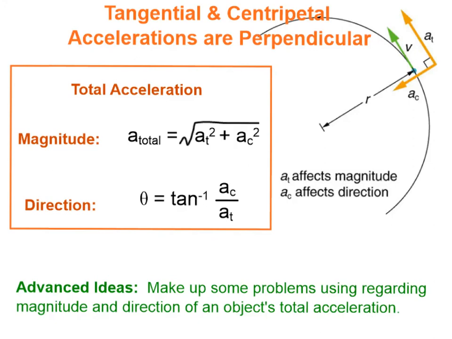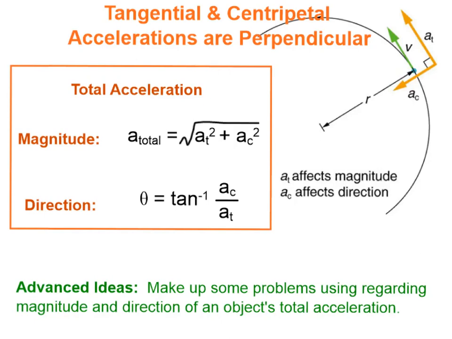When both components of acceleration exist simultaneously, we can find the total acceleration using the Pythagorean theorem because they are perpendicular to each other. That's because the tangential component of acceleration will be tangent to the circular path, and the centripetal component of acceleration will be pointing inward, and these will be perpendicular to each other. Therefore, the magnitude can be determined using the Pythagorean theorem, and then the direction can also be determined using the tangent function.